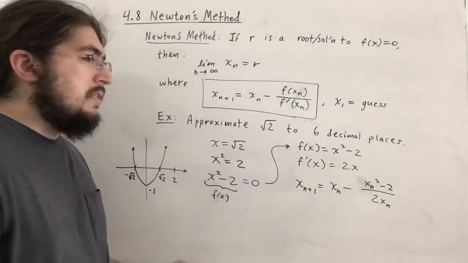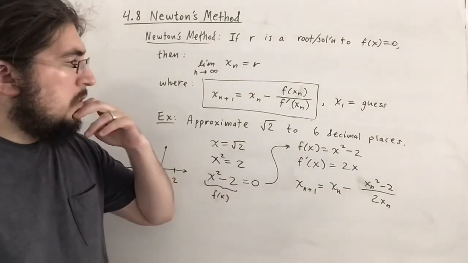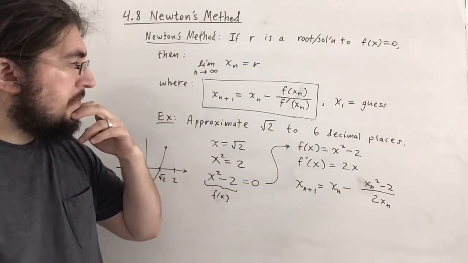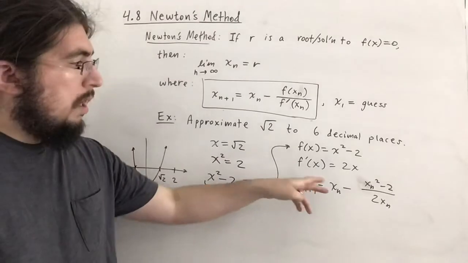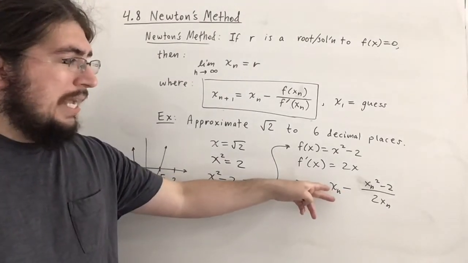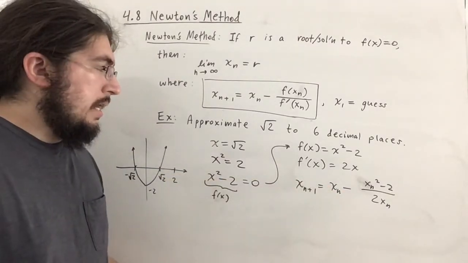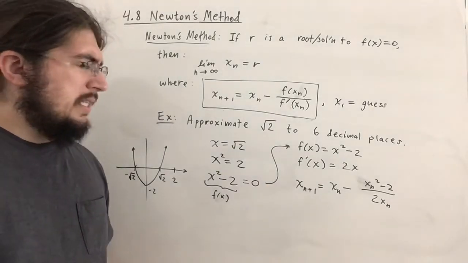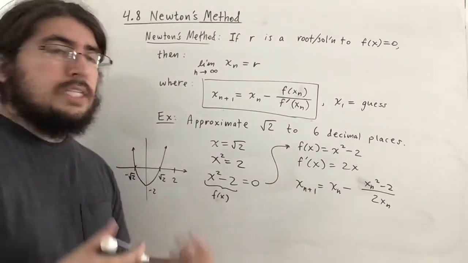Now, something I like to do at this point is to multiply top and bottom of this by 2x_n, so we get a common denominator and it's a little easier on us.